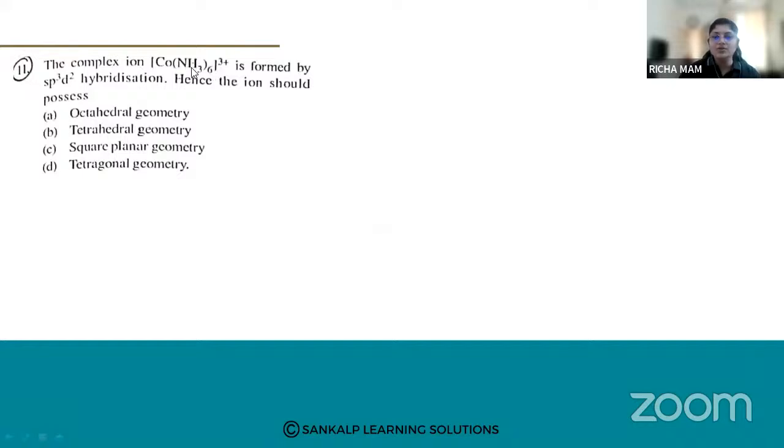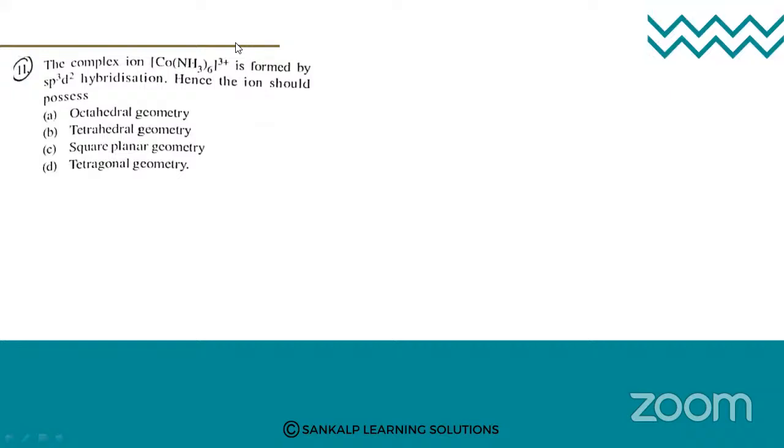The complex ion hexaamminecobalt(III) is formed by sp3d2 hybridization. Hence, the ion should possess what geometry? A. Octahedral geometry. B. Tetrahedral geometry. C. Square planar geometry. D. Tetragonal geometry.